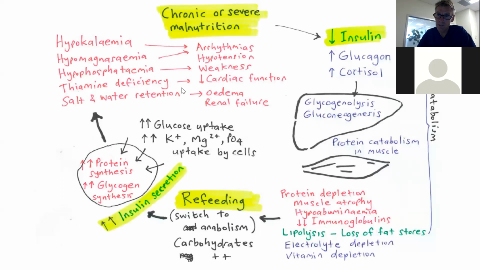I just wanted to go through the physiological mechanism for refeeding syndrome. This is a little bit complex, but it's useful to try to understand it. In a state of severe malnutrition, because their energy intake is very poor, their insulin production is really suppressed. So they are in a state all the time of catabolism.